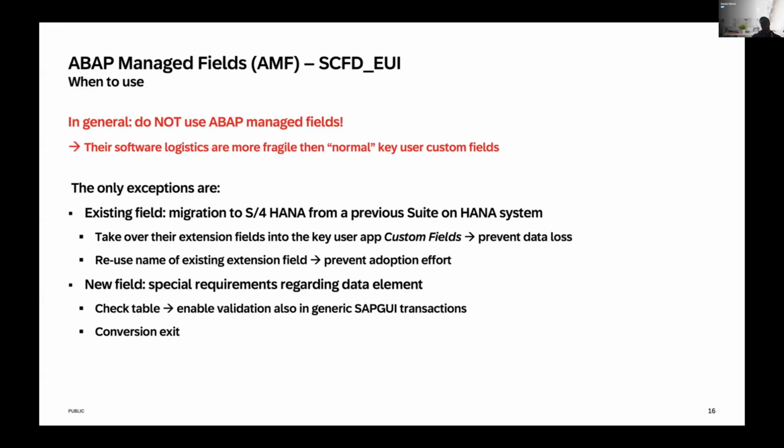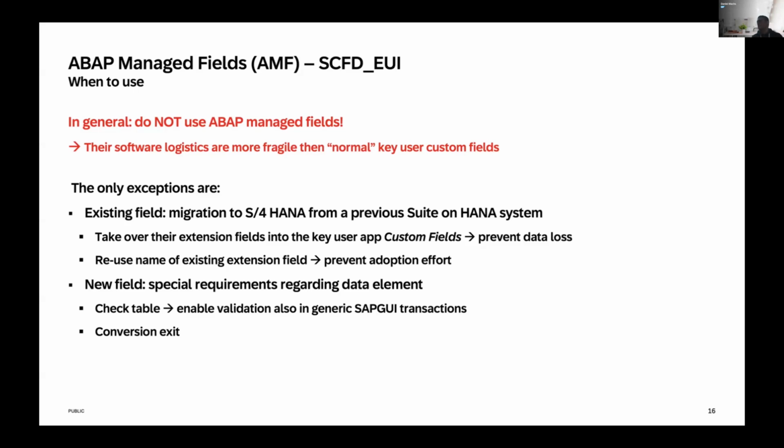So when should you use this? Actually, we have two use cases, more or less. One I already showed more or less. So if you have an existing field, let's say from a previous suite, and you want to migrate this or bring this to your S/4HANA system, you can just, as I showed, enable this for usage.